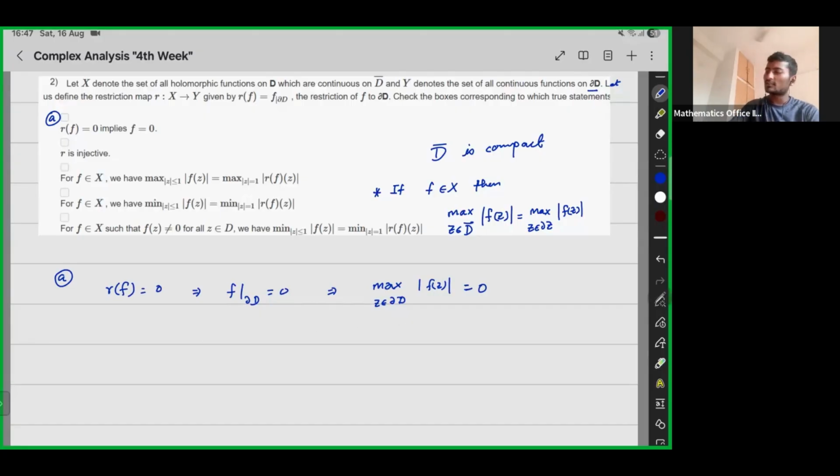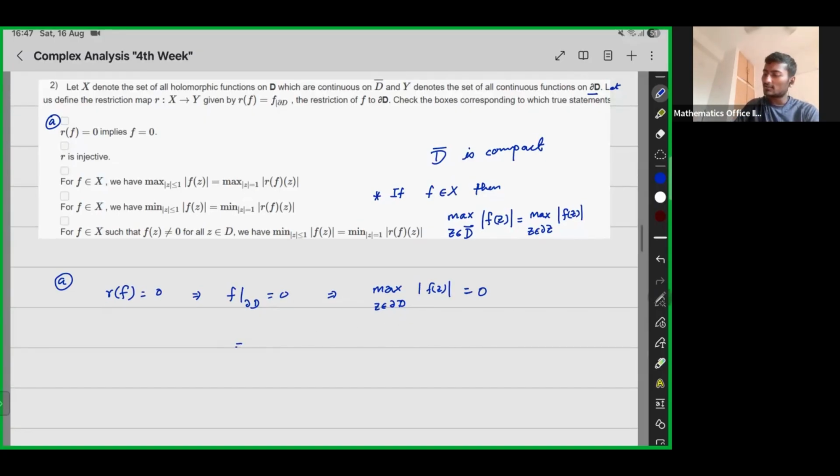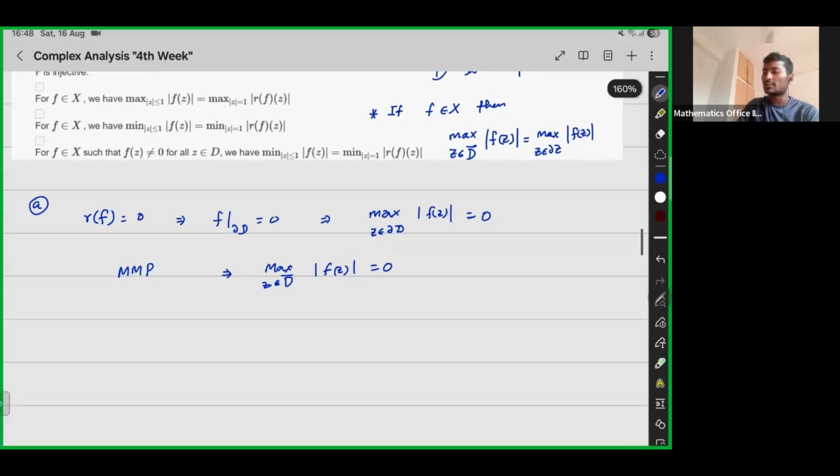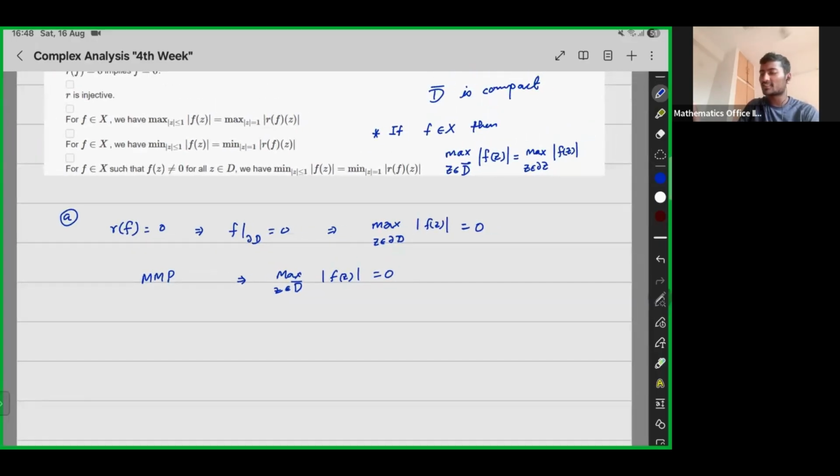But using the result above, the maximum modulus principle implies that the maximum over z in D bar of modulus of f of z is 0, because these two quantities are equal: the maximum on the boundary and the maximum on the whole domain D bar.